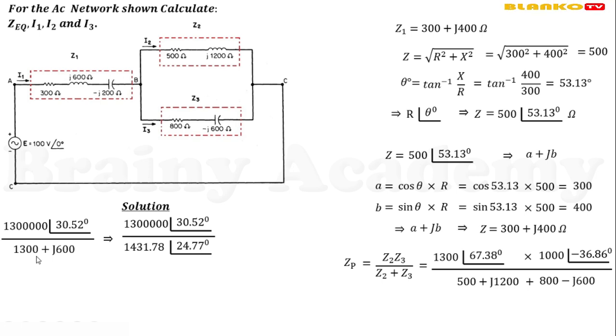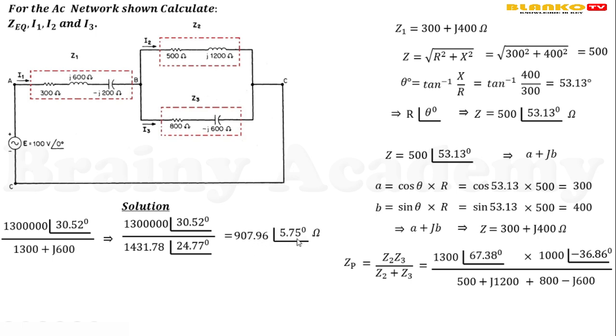We have to convert this from rectangular to polar before we can divide, and that is what we have done here. So when we divide 1.3 million angle 30.52 degrees by 1431.78 angle 24.77 degrees, we are going to get what?